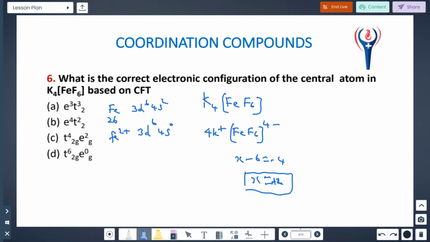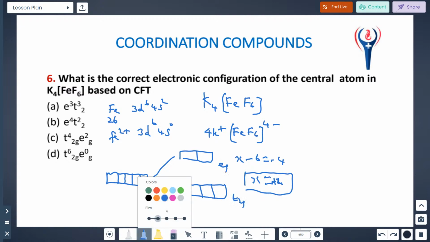Then what kind of ligand is it? It's a weak ligand. So weak ligand means how to fill up here. It is a d orbital. The d orbital is split into 2 sets of orbitals, so octahedral complex. That is called T2g, and this is Eg.